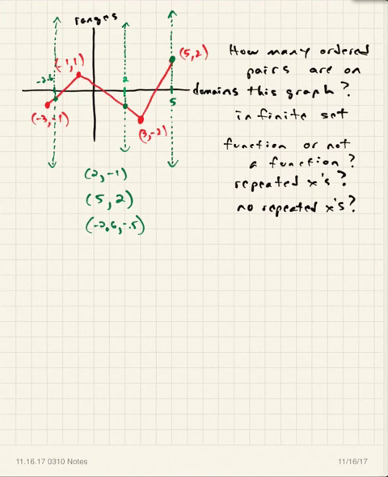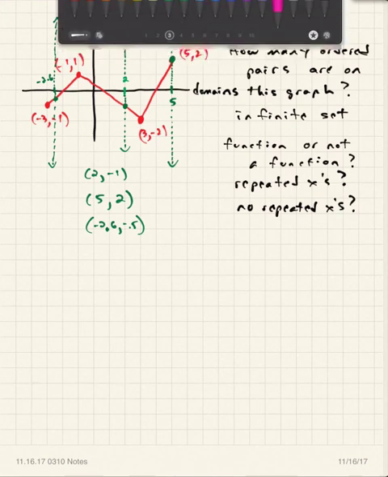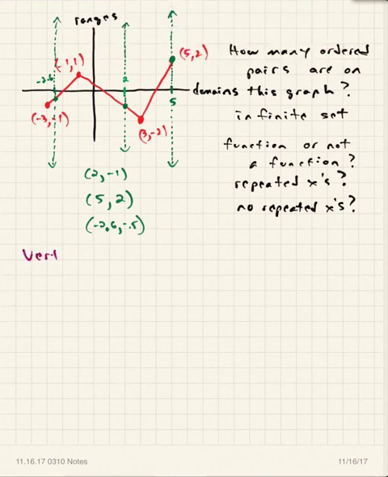And notice in this case, this graph doesn't have any repeated x's at all. And so this graph represents a function. What we're using here, this idea of these vertical lines, is called the vertical line test. And I'm going to write that down, the vertical line test.